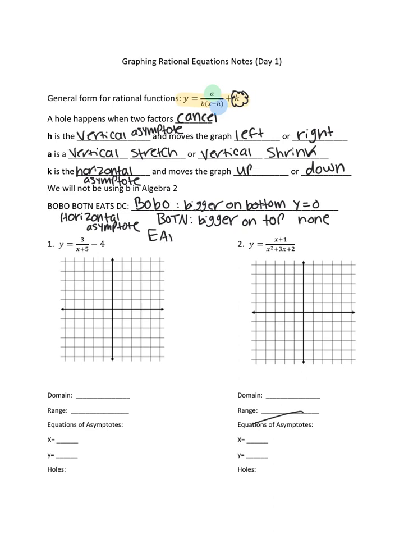EATS DC means if each are the same, meaning the biggest exponent of the top and the bottom are the same, then you divide the coefficients. We're really only going to be using BOBO and BOTTEN. When you get into pre-cal, you'll see this a lot more.